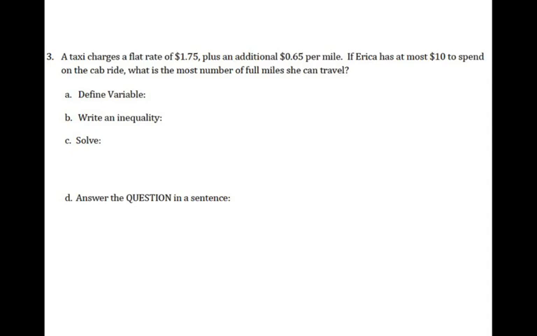Okay, let's look at another one. A taxi charges a flat rate of $1.75 plus an additional 65 cents per mile. If Erica has at most $10 to spend on the cab ride, what is the most number of miles she can travel? So I'm going to let x equal the number of miles that she can travel.